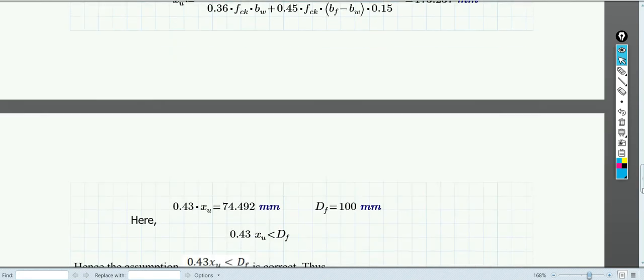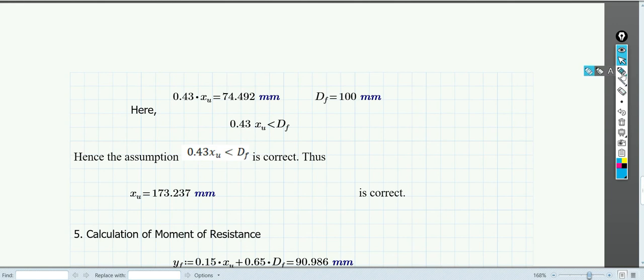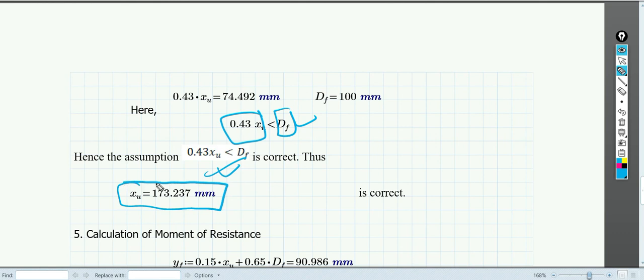So this condition is satisfied, and all the conditions that we have assumed are found to be satisfied, right? Hence the assumptions are correct, and thus the actual value of Xu that we can consider for our analysis is 173.237 mm.